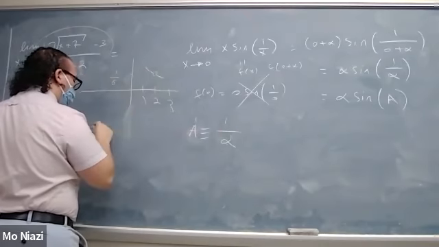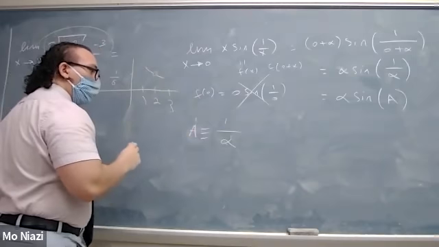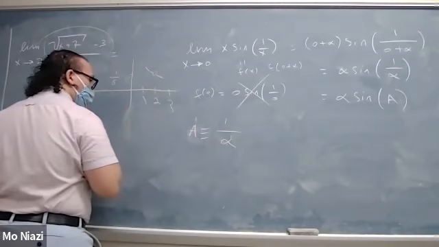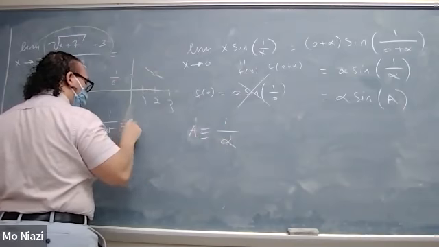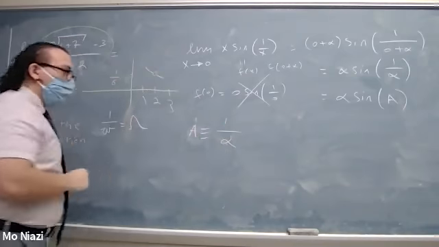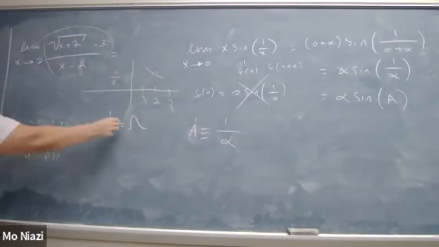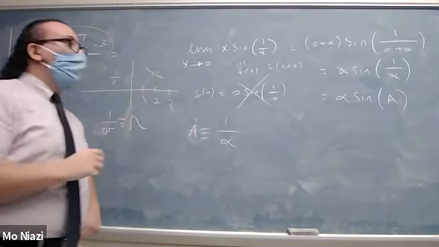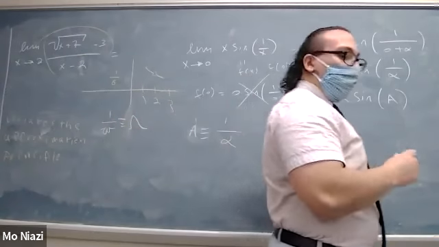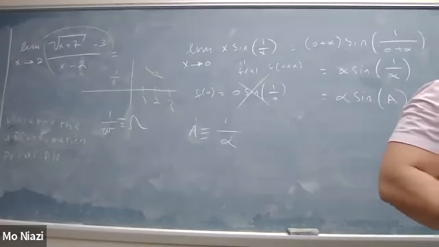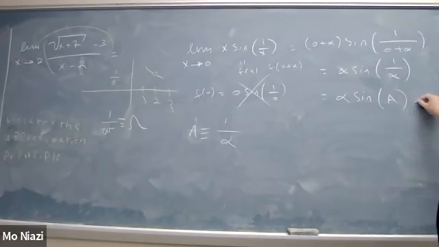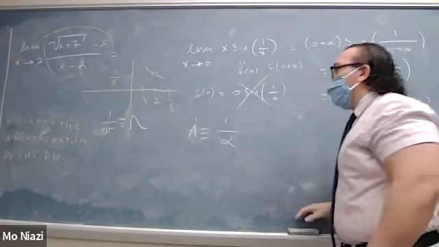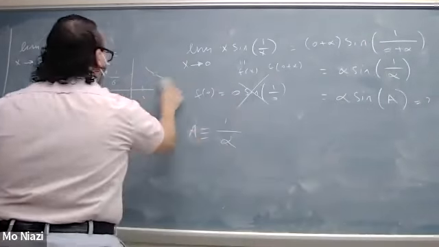Capital A is the arbitrary infinite number. Alpha is the arbitrary infinitesimal. Very similar to how 1 over omega is equal to capital omega. But what is the sine of an infinite number? Again, there's no way of knowing what this equals. We're still in a situation where we're stuck.